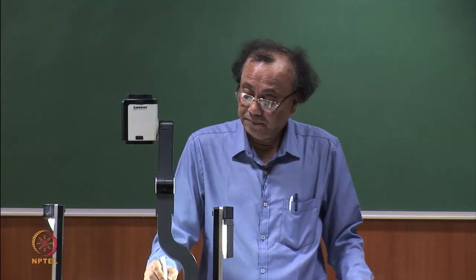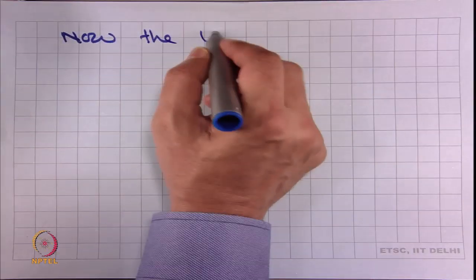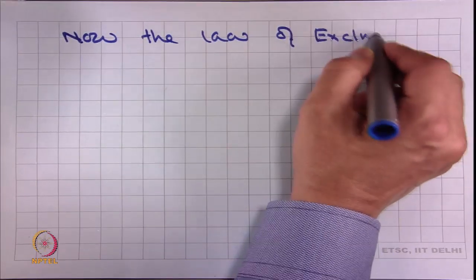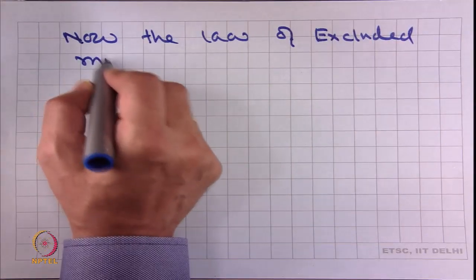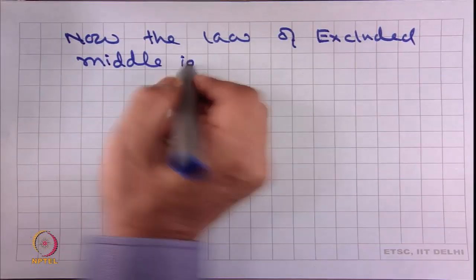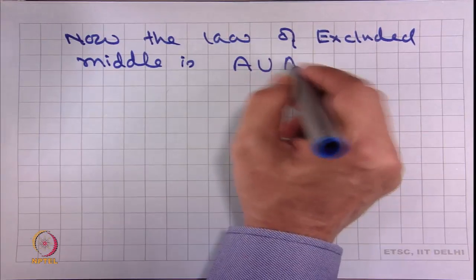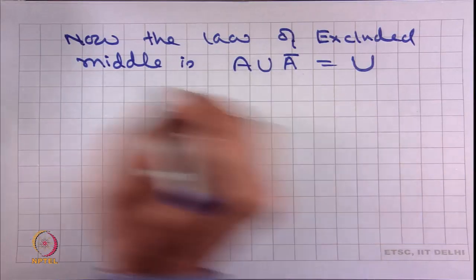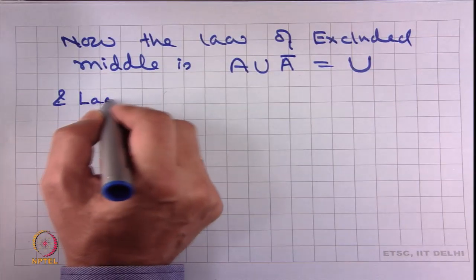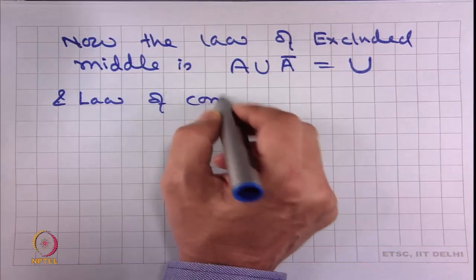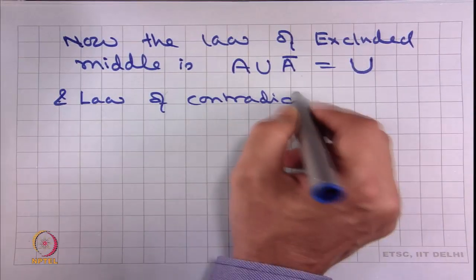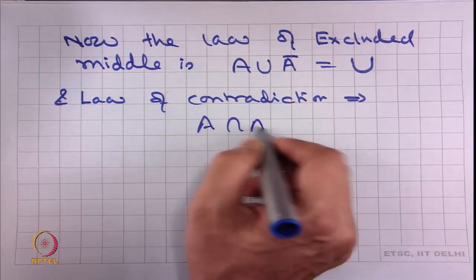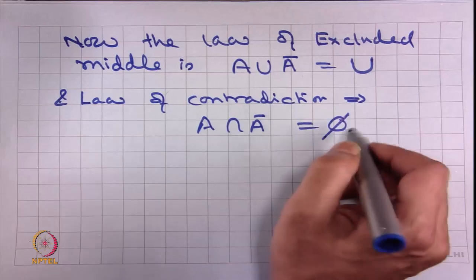Now, the law of excluded middle is A union A complement is equal to U, the universe, and the law of contradiction implies A intersection with A complement is equal to phi.